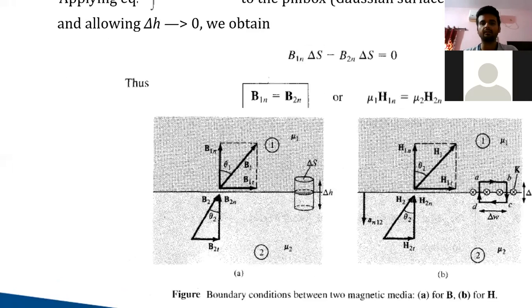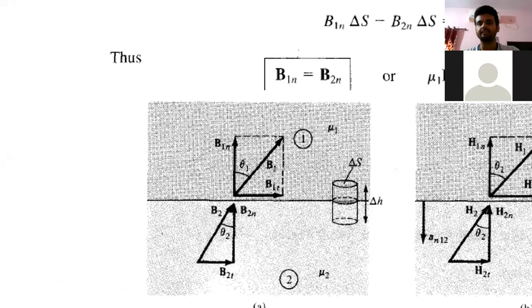I resolved the field components into two components: one is the tangential component, one is the normal component. This is B1, this is your tangential component, this is your normal component. The angle between the normal and B1 is theta 1. So this is B1T, this is B1N.